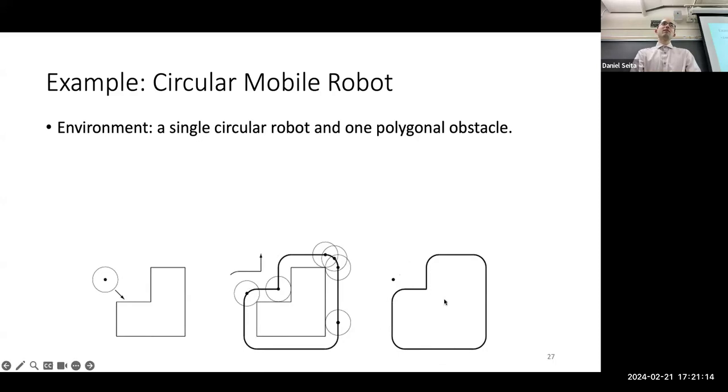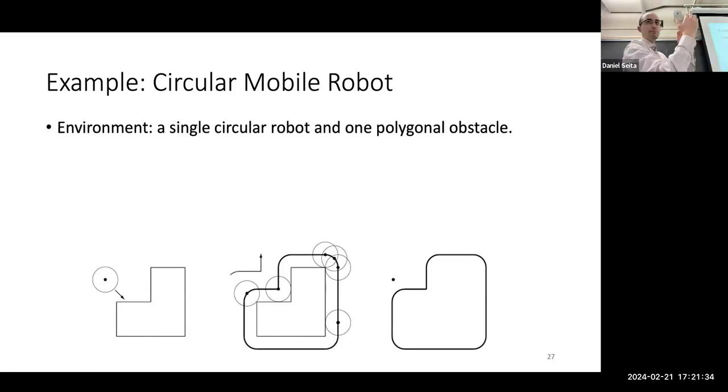Well, yeah, the free area, and by free area, we really mean the free configuration. Because what's happening here is we're trying to find all the points that can go as far as they can to the obstacle without actually going through.